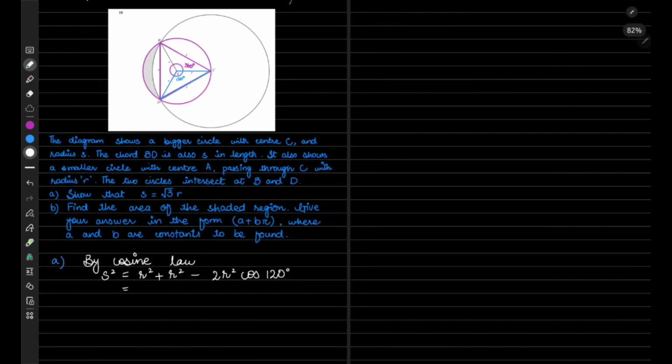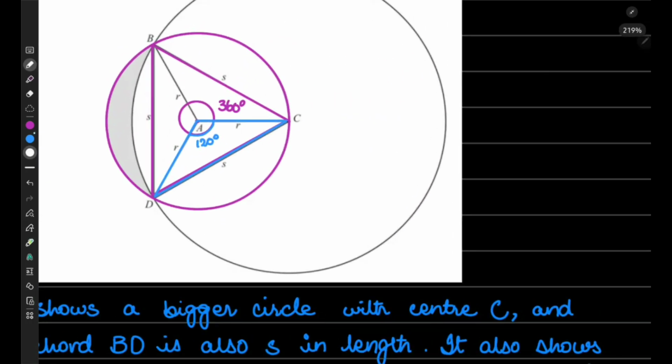Is this in pi or radians? Instead of taking it to be 360, take it to be 2 pi, and this to be 2 pi by 3.